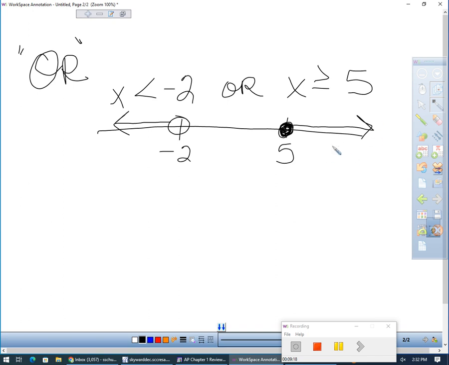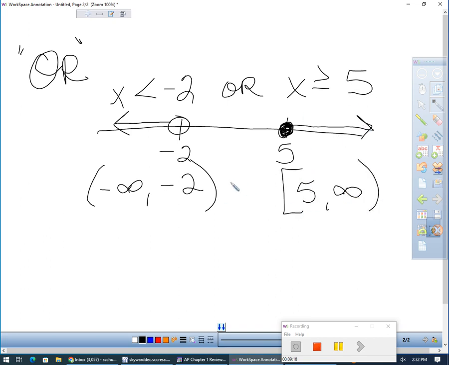Now the interval notation is where the fun begins, right? If I were to do the interval notation for just this piece, that is negative infinity to negative 2. We did that the other day. If I were to do the interval notation for just this piece, that would be a bracket 5 to infinity. But how do we attach the two together? How do we do that, Ian?